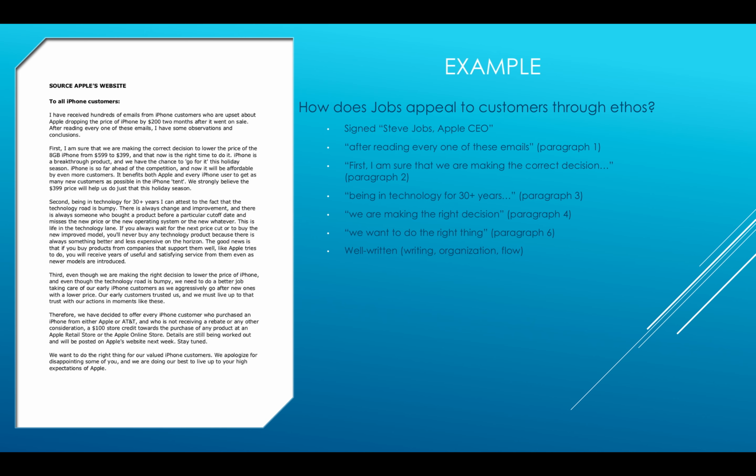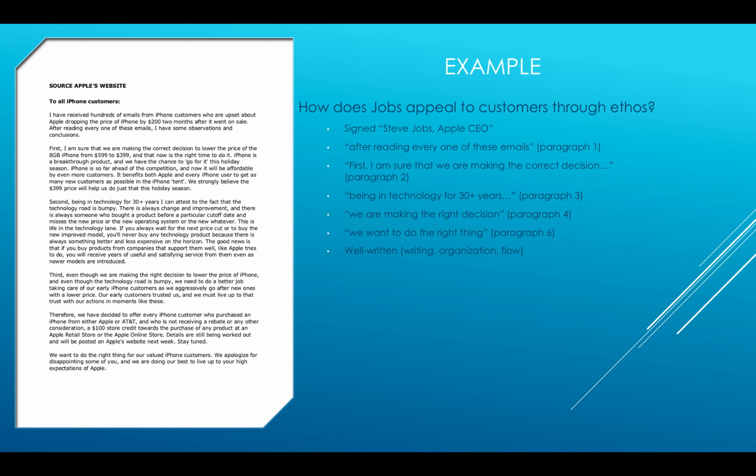In paragraph 4, again, we get that confidence. We're making the right decision. He's standing by it. In paragraph 6, he says we want to do the right thing. That sounds like a credible person, right? Or a credible company, a company that wants to do the right thing. And then lastly, as I had talked about, just writing well, having strong writing that's well organized, as this is, flows well, easy to follow, easy to understand, no grammatical errors.